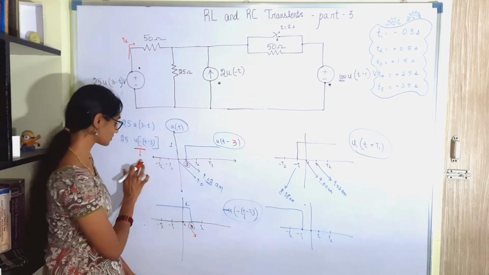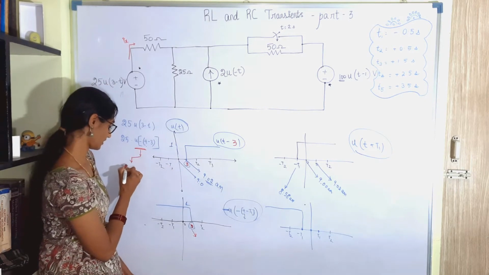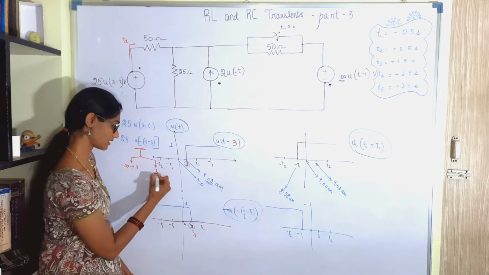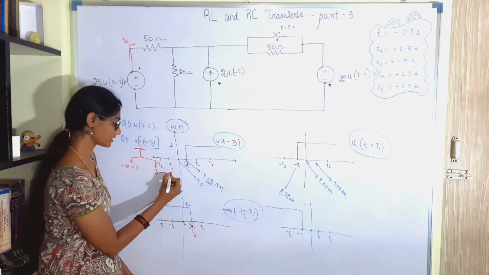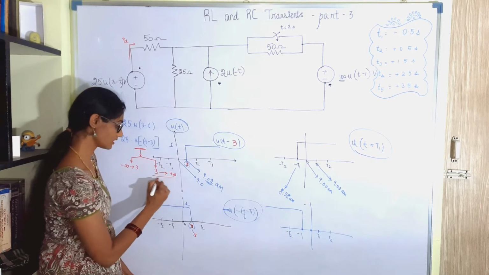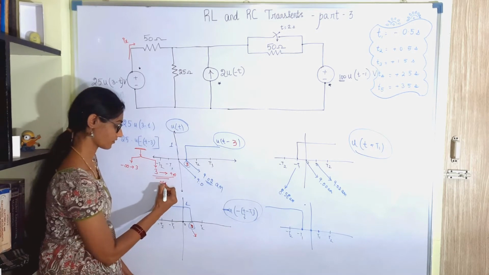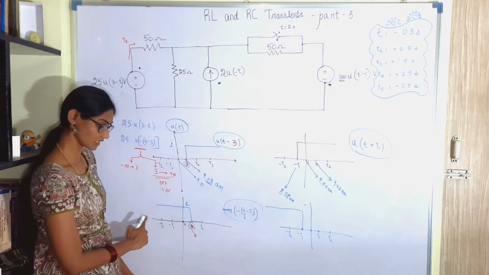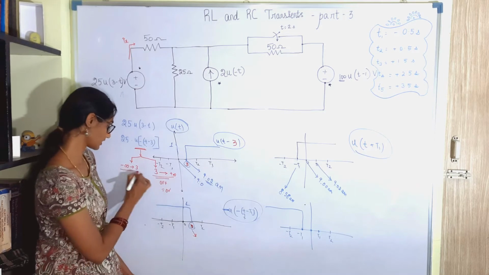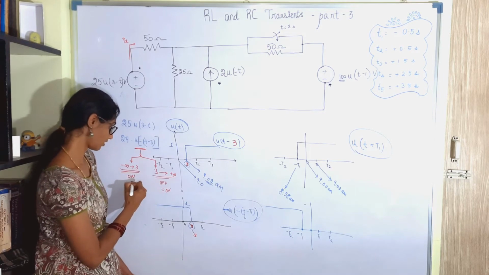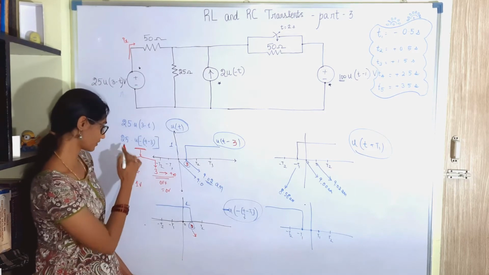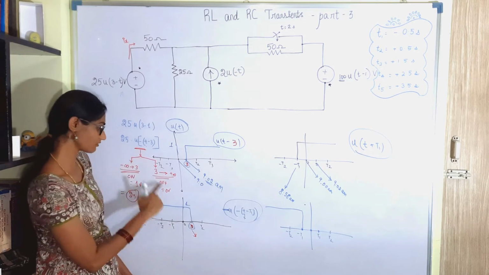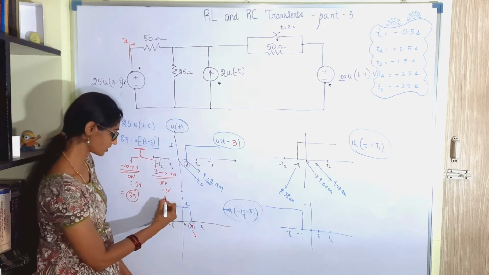Okay, so this has two conditions: minus infinity till 3, and then from 3 till plus infinity. In this condition, this is off, meaning 0 volt. But from minus infinity till 3, it is conducting; it is on, or this sends 1 volt. So 25 into 1 will be 25 volt and 25 into 0 will be 0 volt.